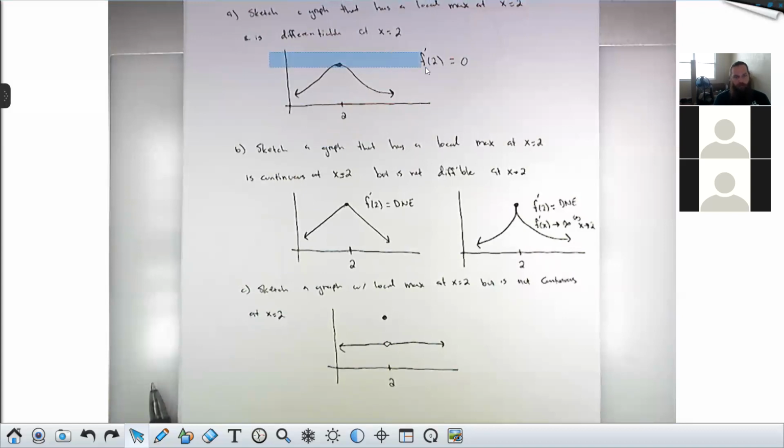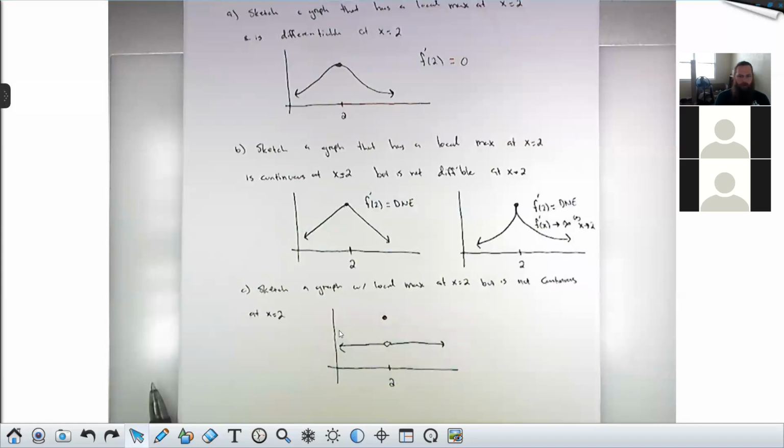Here, since f is continuous and differentiable, we know that f prime has to be 0 there. Here, f is continuous, but it's not differentiable, so I can't say f prime should be 0. But in both of these cases, f prime is undefined, and that is consistent with what we've seen: 2 would be a critical number there. 2 is also a critical number here.